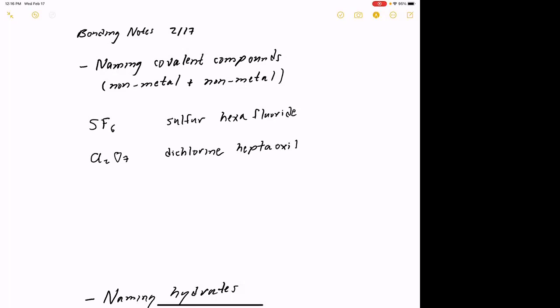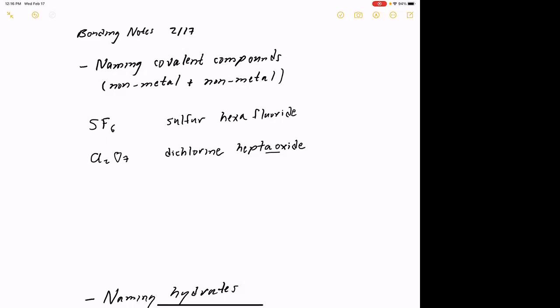Now, here's the thing I just want to mention. In my video, I mentioned something about what happens when we end up with a couple of vowels that get parked together like this. So I would probably call this dichlorine heptoxide, but Chem 101 seems to like to keep the vowels together unless they're 2 of the same vowel. So I think Chem 101 would actually accept this as dichlorine heptaoxide.